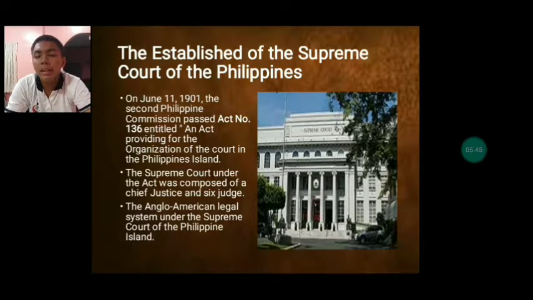Adjustments were made in the decisions of the Supreme Court. Over the years, this affected a blend of both the Anglo-American and the Spanish systems, and the preference was a gentle transition from the old order to the new.